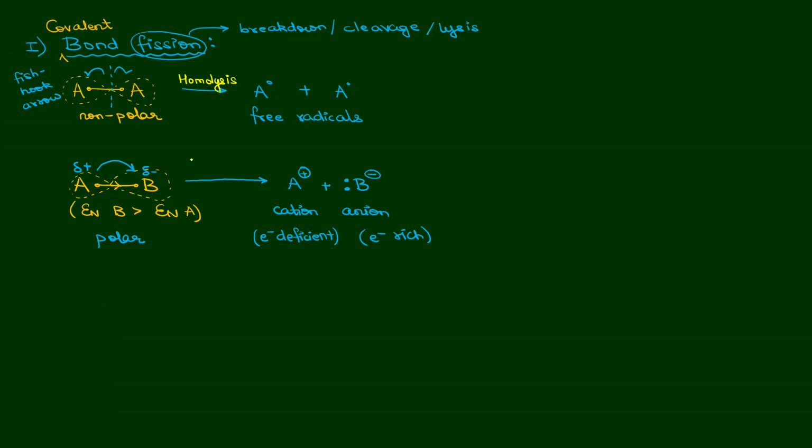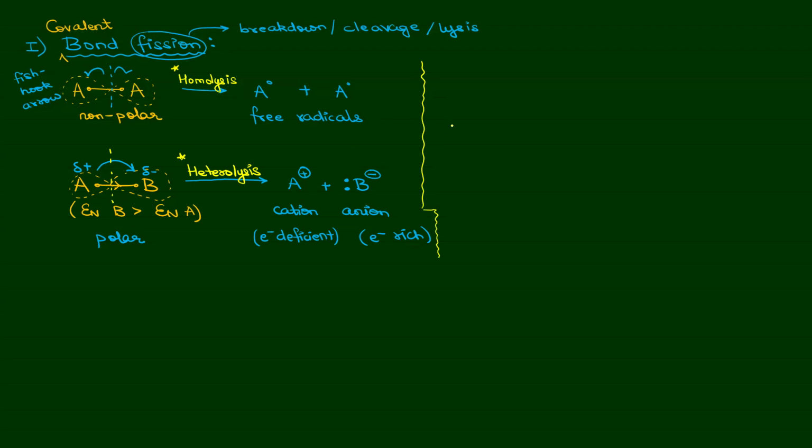Now coming to the name, this type of unsymmetrical breakdown of a covalent bond is called heterolytic cleavage or heterolysis. So bond fission can be classified into two parts, homolysis and heterolysis. Now let's convert this concept into the organic concept.